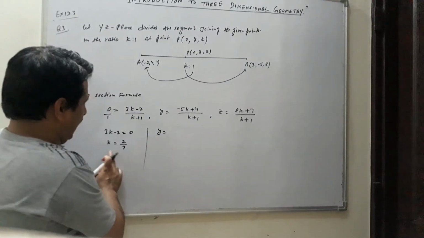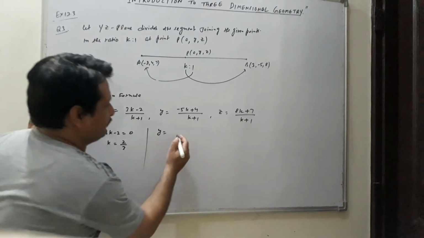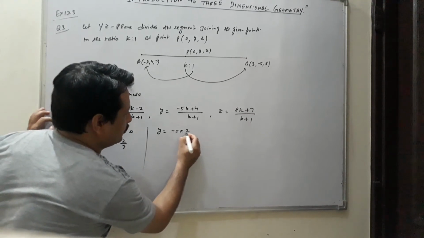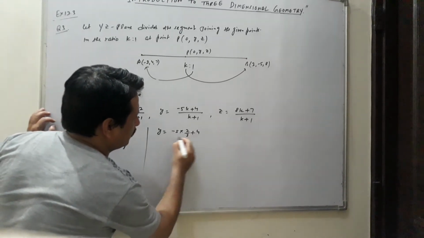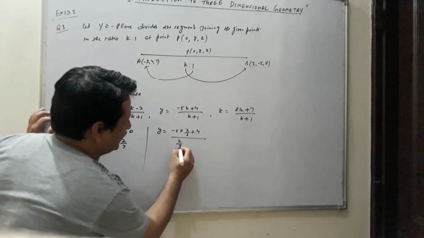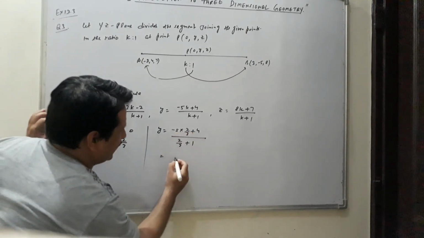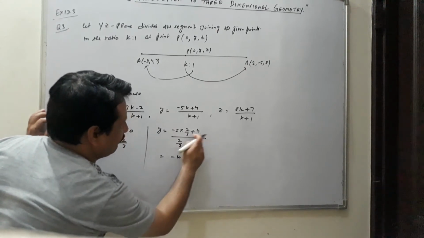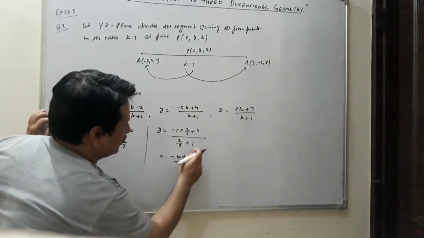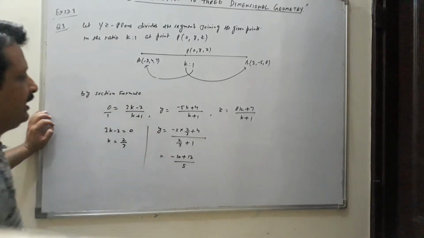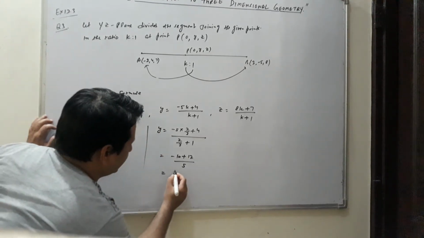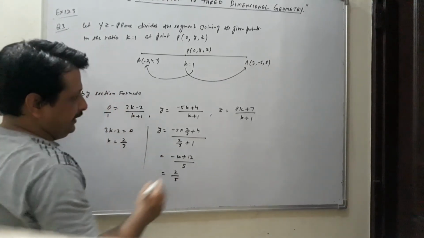This y is equal to, I am putting here 2 by 3, students, means minus 5 into 2 by 3 plus 4 upon 2 by 3 plus 1, right? So it will come as 5 2s are 10, minus 10 plus 4 3s are 12 upon 5, here students, 3 will cancel out. So from here you will get it as equal to 2 by 5, right?